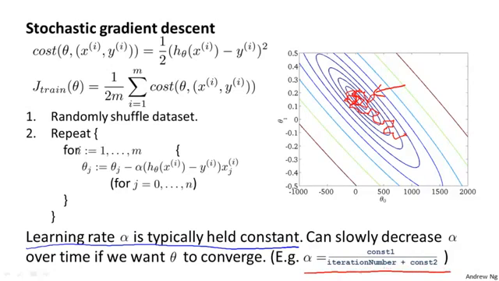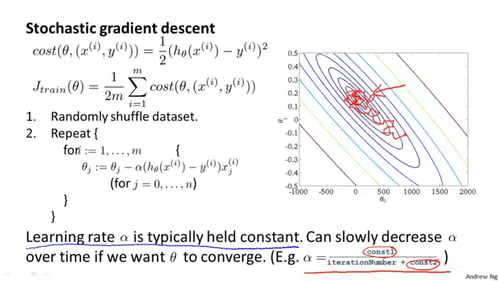So iteration number is the number of iterations you've run of stochastic gradient descent, so it's really the number of training examples you've seen, and const1 and const2 are additional parameters of the algorithm that you might have to play with a bit in order to get good performance. One of the reasons people tend not to do this is because you end up needing to spend time playing with these two extra parameters, const1 and const2. And so this makes the algorithm more finicky. It's just more parameters that you need to fiddle with in order to make the algorithm work well.